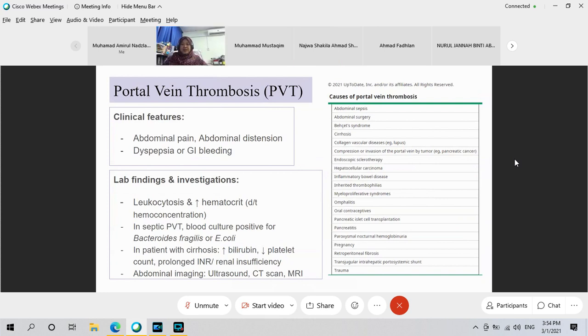Portal vein thrombosis ni is not a cause of acute abdomen. Okay, it's not a cause of acute abdomen. So, alright, let's skip this slide.